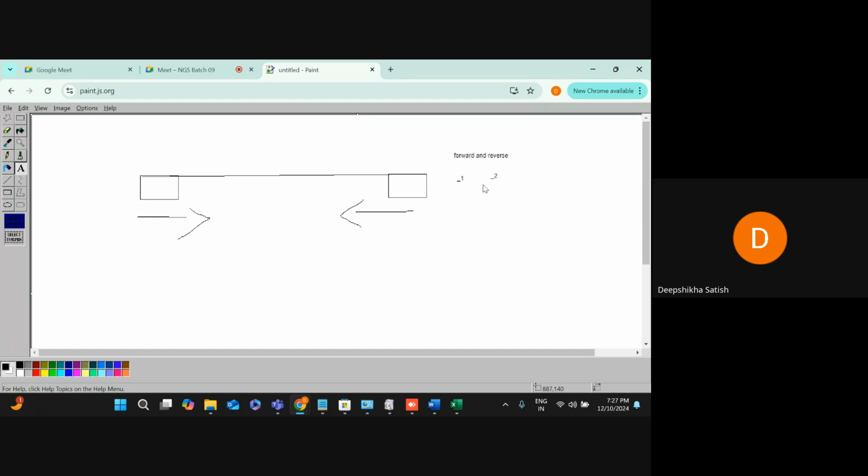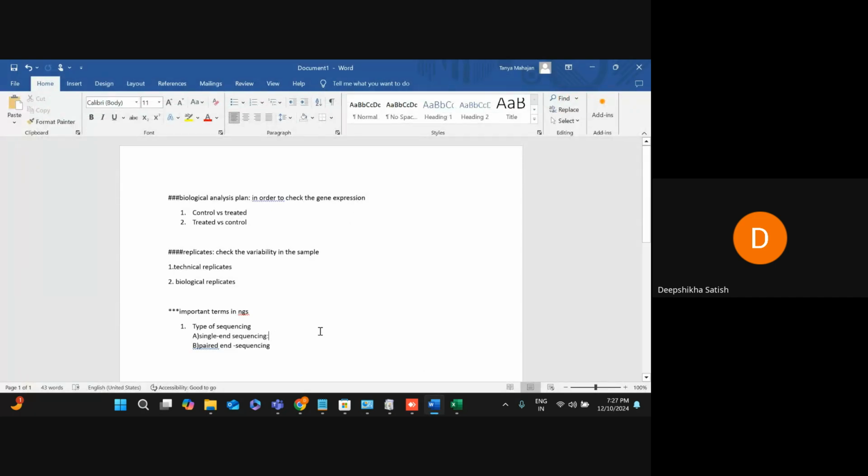Can you tell me which type of sequencing is better, single end or paired end? Paired end. Why, sir? Maybe because it covers all fragments.